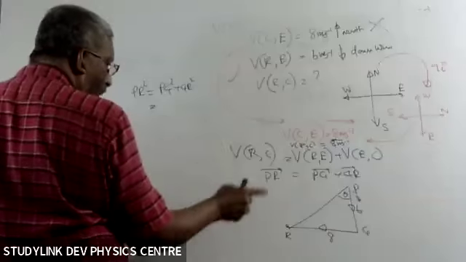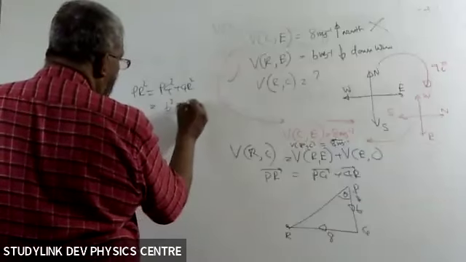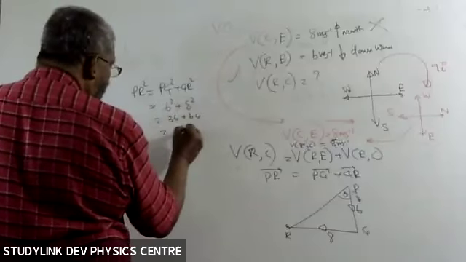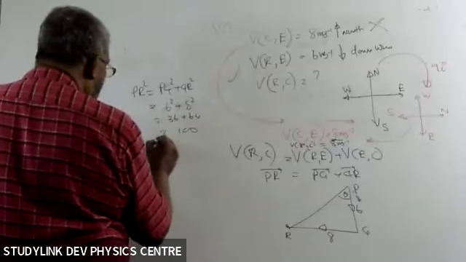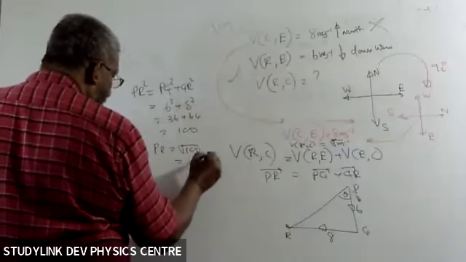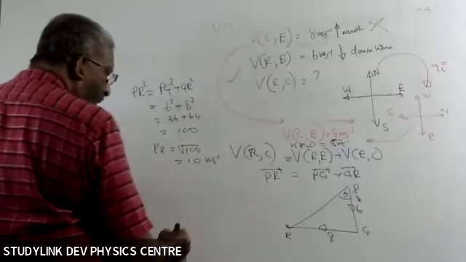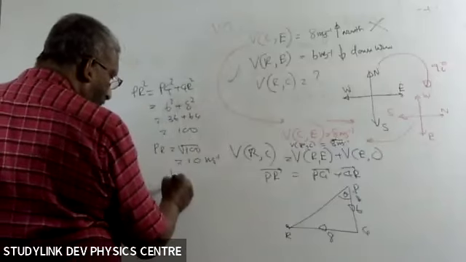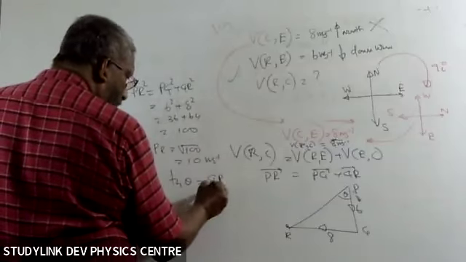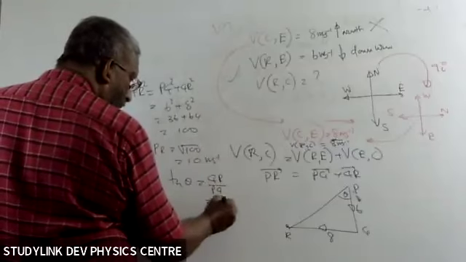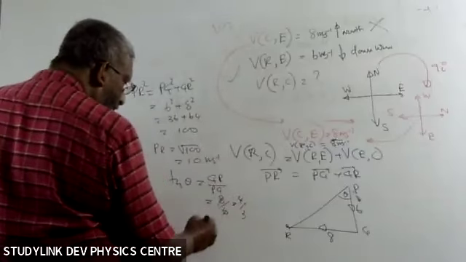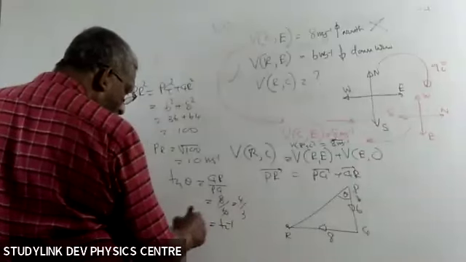That is 6 squared plus 8 squared, 36 plus 64, then 100. Then PR is equal to square root of 100, so that is 10 m s^-1. Then tan theta is equal to opposite QR divided by PQ, 8 divided by 6, 4 by 3. Theta is tan inverse 4 by 3.